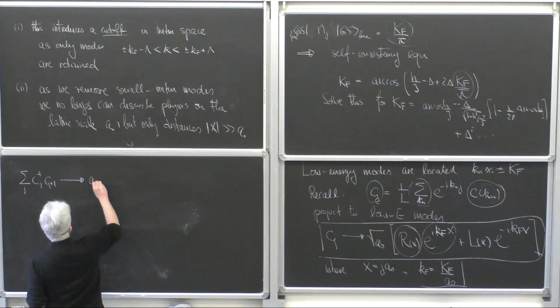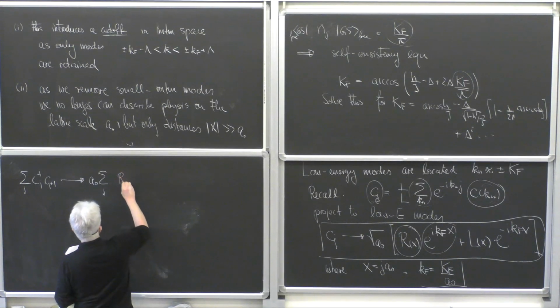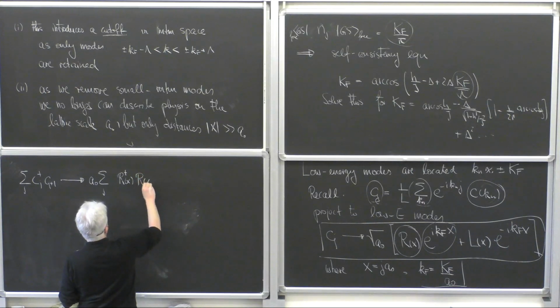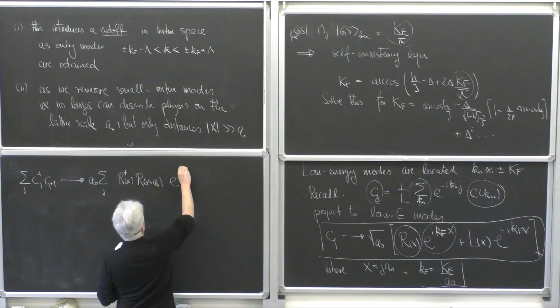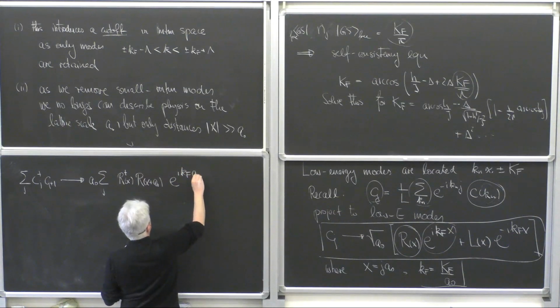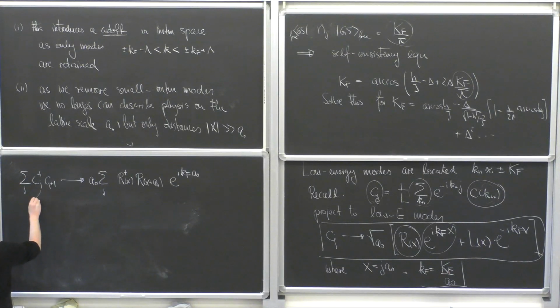I get a₀ sum over j, and here I get something like R dagger of x, R of x plus a₀, and here I get e to the i k_F a₀. Because this goes into x is j a₀, and this goes to x plus a₀ is equal to (j plus 1) a₀.